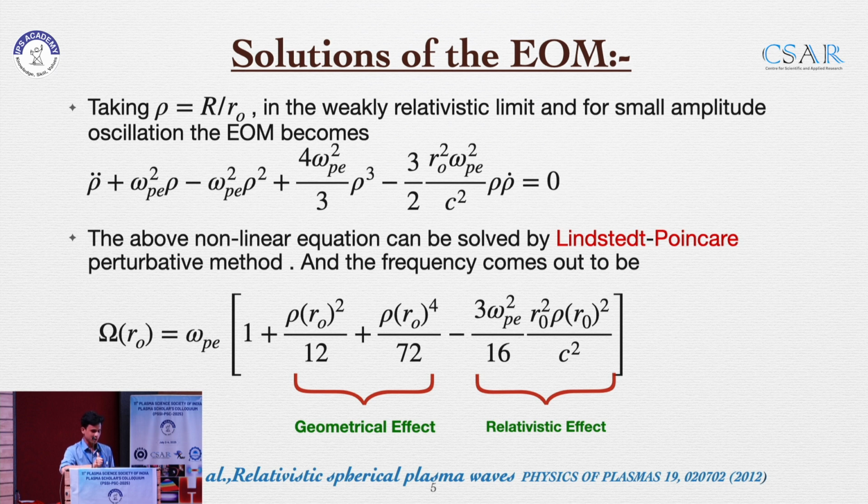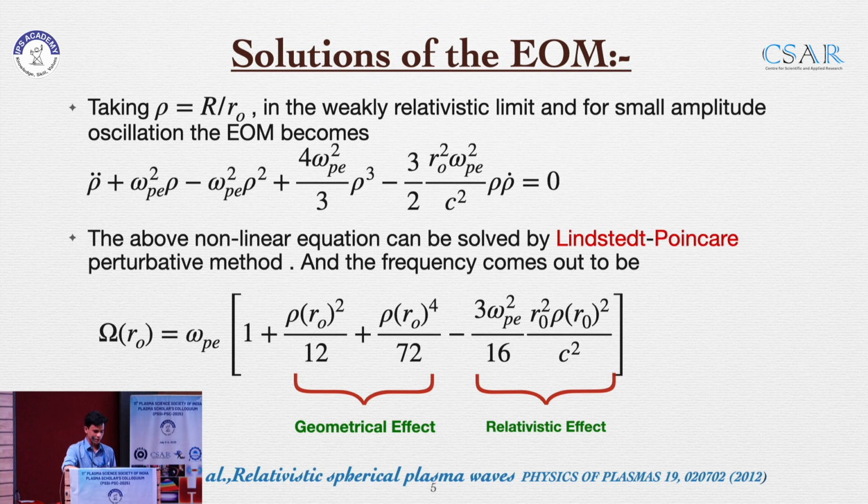There are two things: one is the geometrical effect and the other is the relativistic effect. The geometrical effect represents the spherical wavefront, and the relativistic takes into account the relativistic mass of the electron. So even if the relativistic effect is not considered, the frequency still depends upon the equilibrium position.